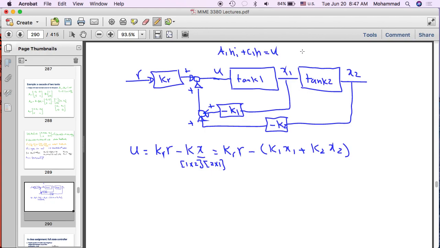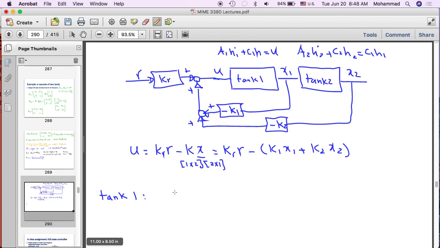For the second tank, we have A2 H2 dot plus C2 H2 is equal to C1 H1. So that's what we have for the second tank.